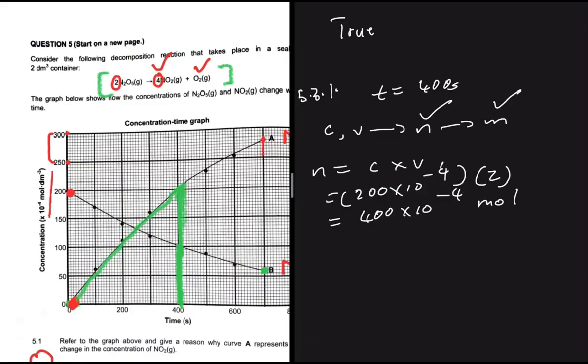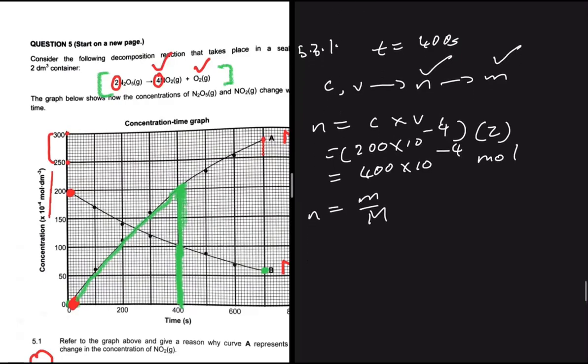We know that the number of moles is equal to the mass divided by the molar mass. So the mass will be the number of moles multiplied by the molar mass, I meant. Our number of moles is 400 times 10 to the minus 4, and then the molar mass of NO2.